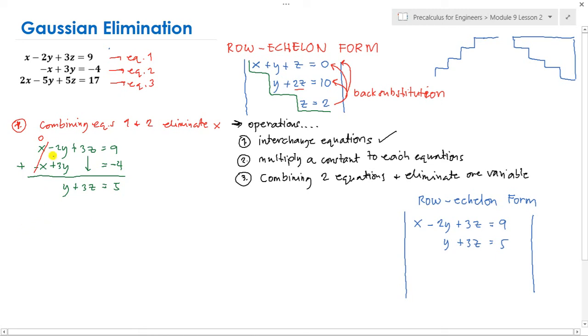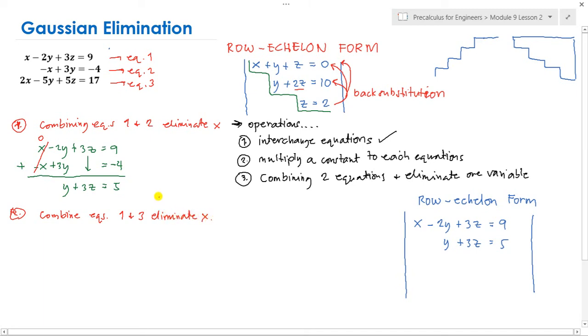So, in order to find z, I'm going to combine again. Since suma naman ta mag-combine ni 1 og 2, so I'll try to combine equations 1 and 3, and again eliminating x.